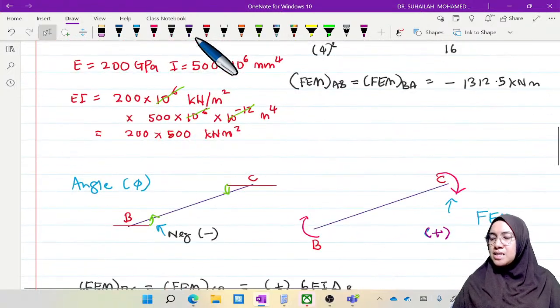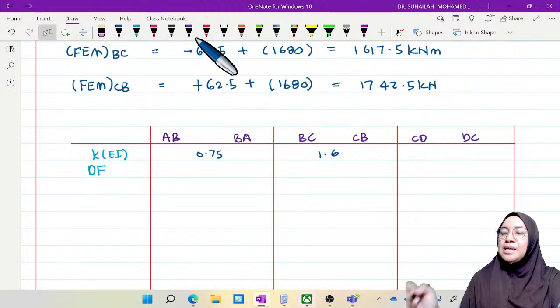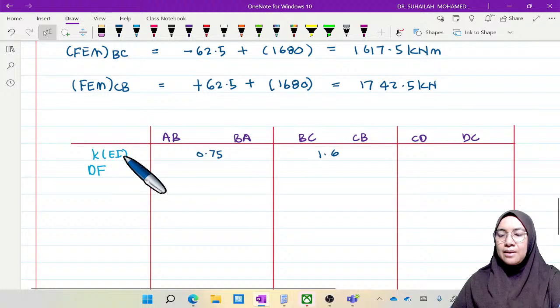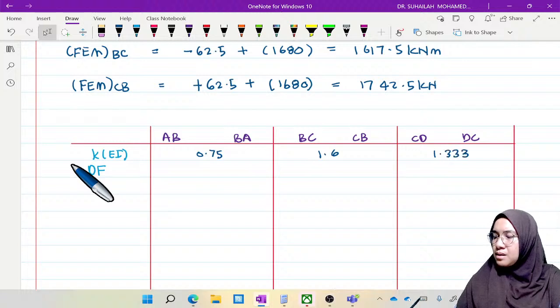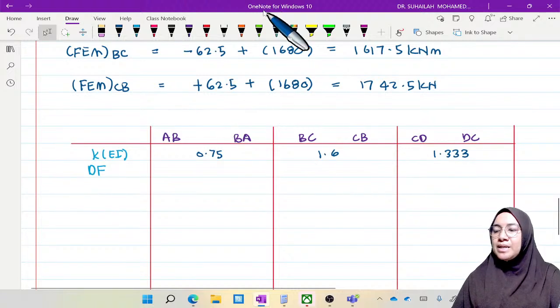So that is the K value, 1.3333 EI. I have put EI here because K is in terms of EI. Using this value, we will calculate the distribution factor.